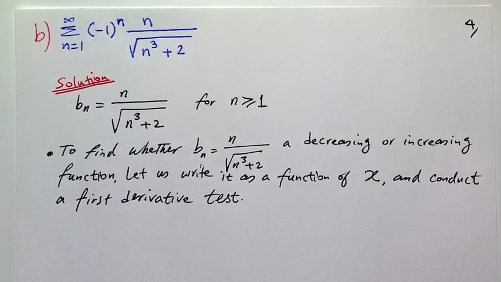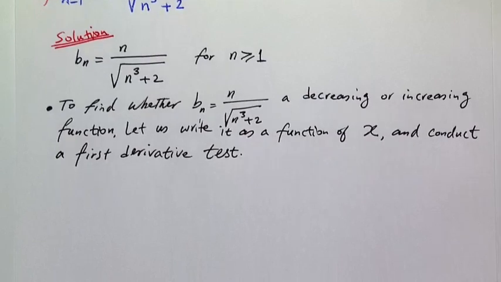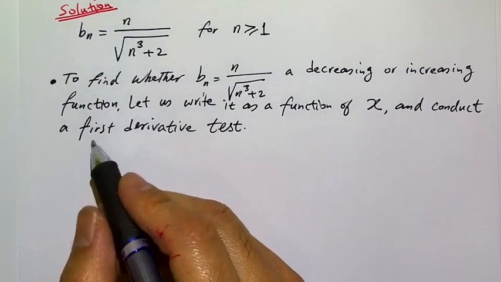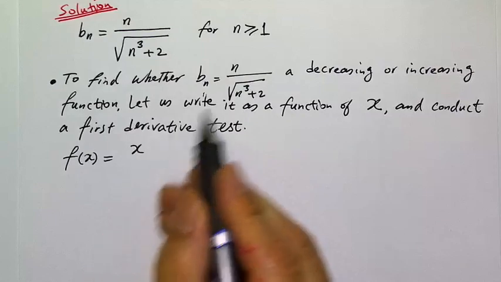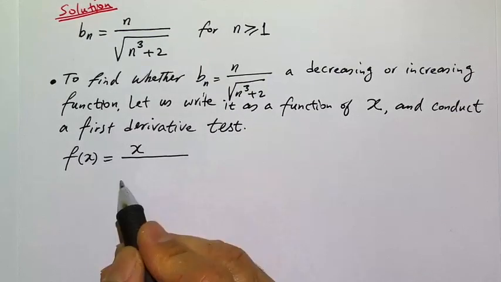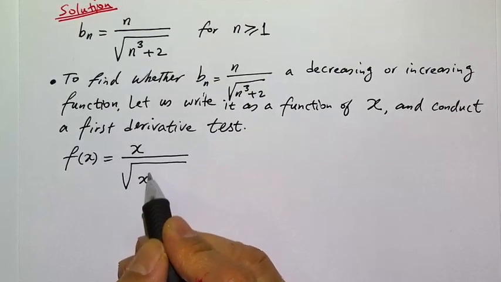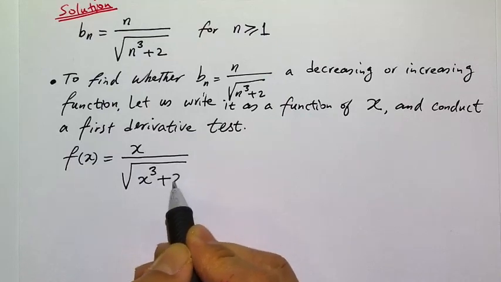So we will write f of x is equal to x divided by the square root of x cubed plus 2.